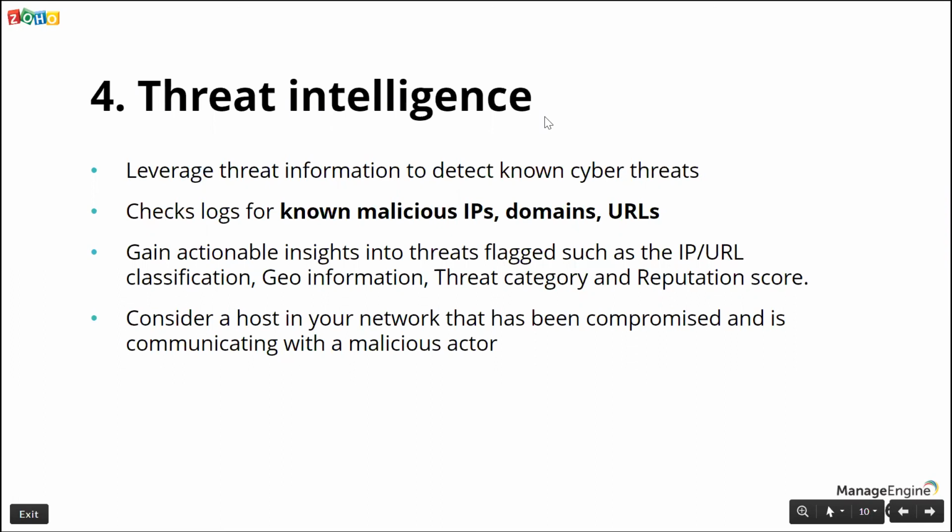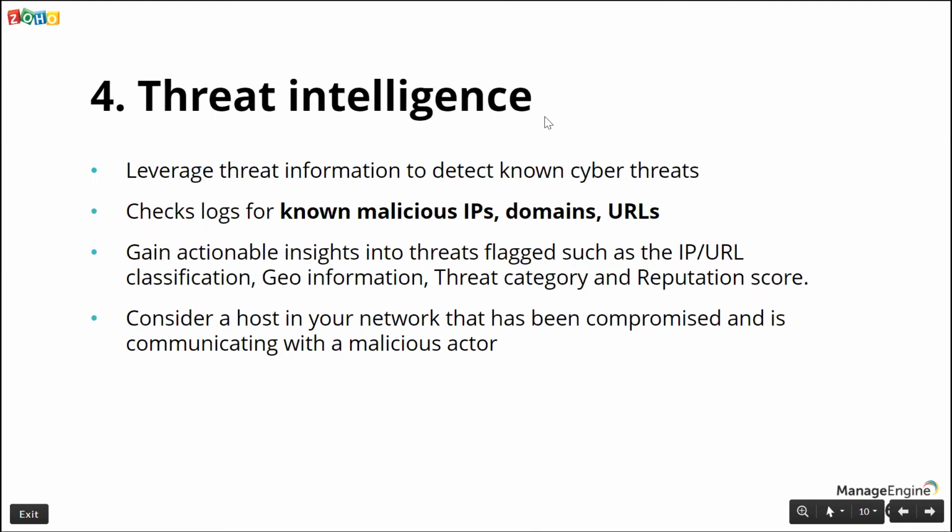This is particularly useful in a case where one of the use cases for advanced persistent threats is what we call communications with a callback server. You might have a command and control server that is controlling some systems in the network.